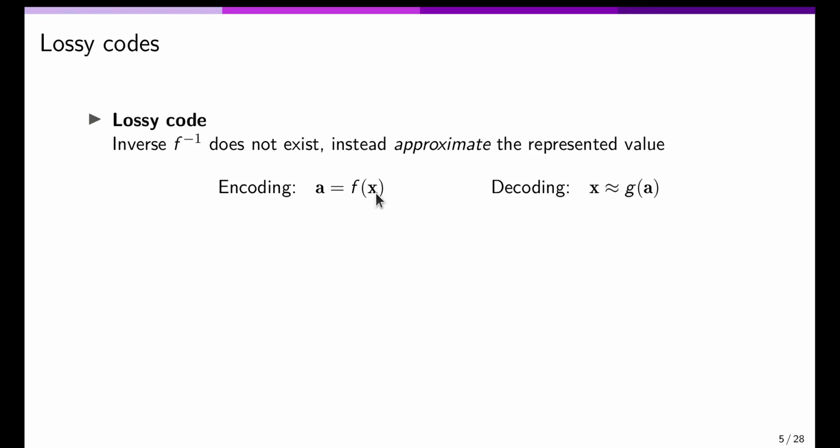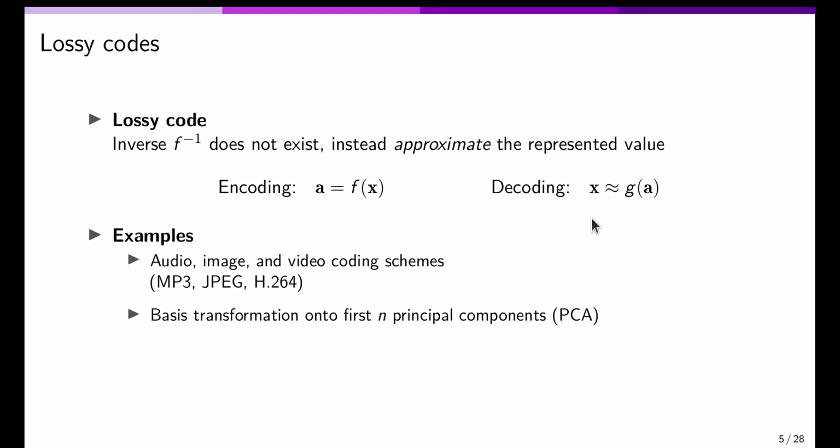We might not be able to represent the value perfectly. We might have some sort of approximation. So that's the first thing we're going to relax: instead of the decoding being an exact inverse of our encoding, it can be some other function that at least gives you an approximation of X.